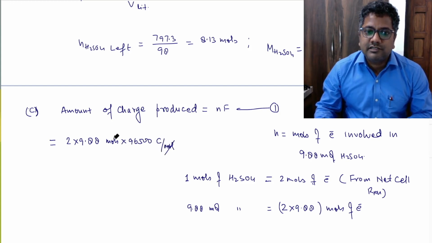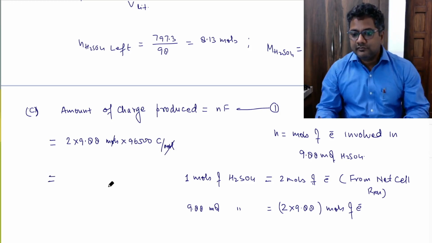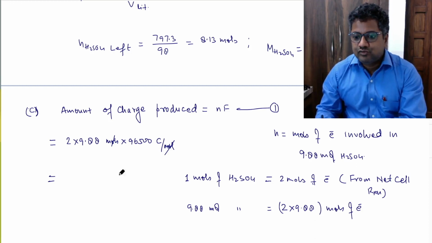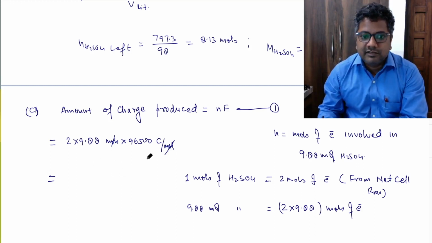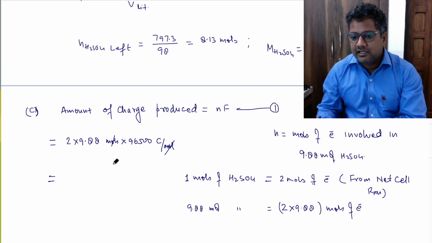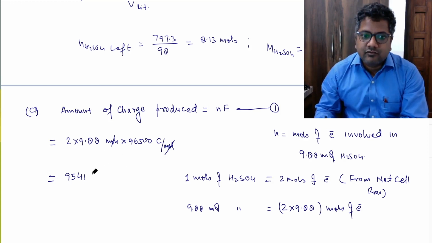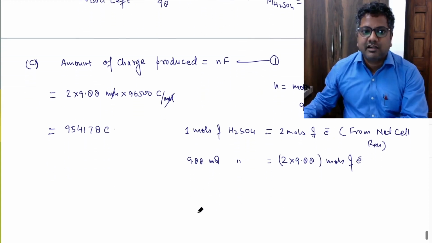So moles and moles cancel, so you will get 2 times 9.88 times 96500, which is 954178 coulombs. So this is the answer for part C.